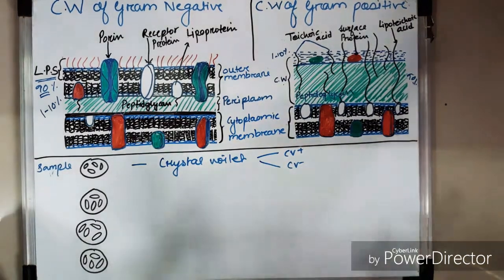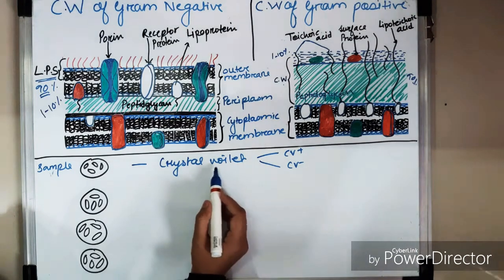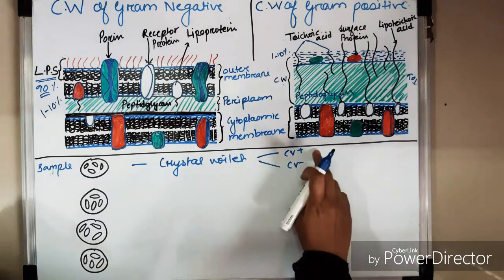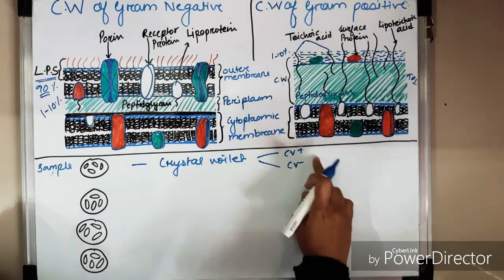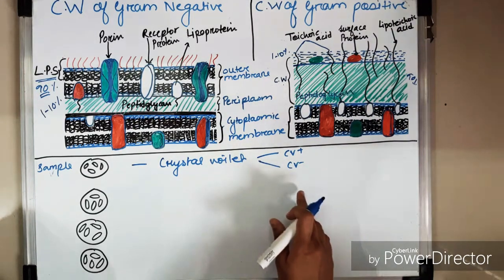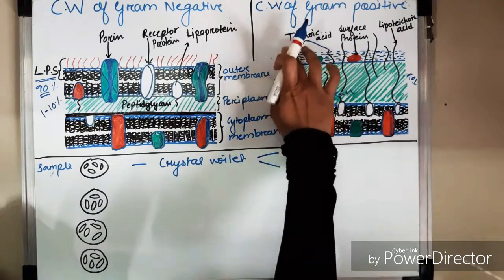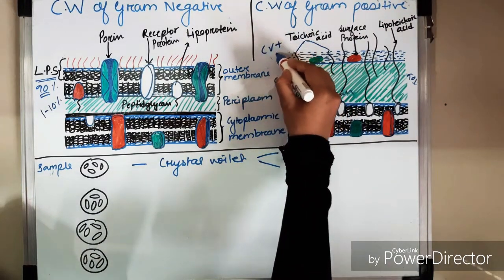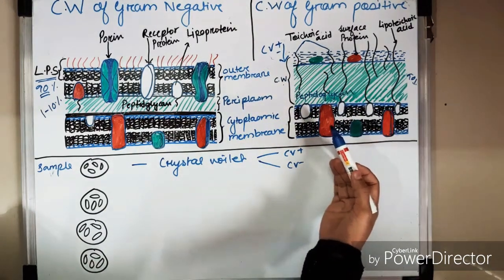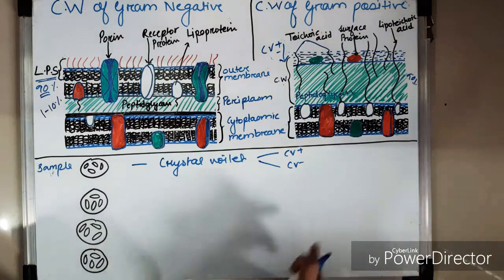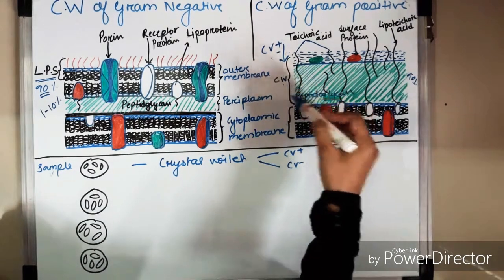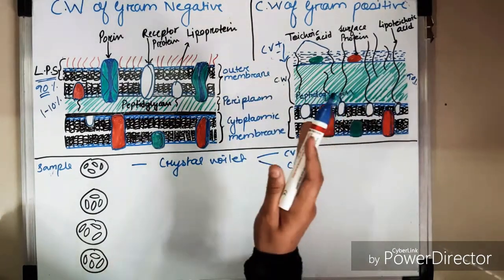Okay, so till here we have seen that we have added crystal violet into a sample, and it dissociates into CV plus, meaning crystal violet plus ions, and crystal violet minus ions. These ions penetrate through the cell wall and then the cell membrane of the cell. The CV plus ion interacts with the negatively charged compounds in the cell wall of the bacteria.